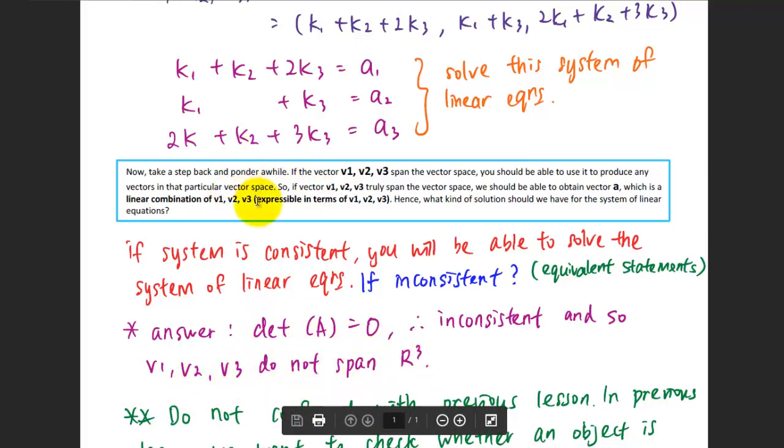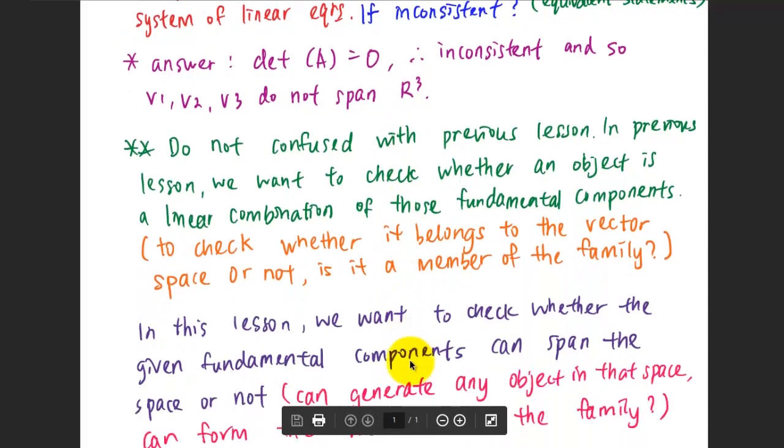The determinant of A being 0 means that you can't find the inverse of the system, and you can't find the solutions for it. That's why there's no solution for this system of linear equations, and thus V1, V2, V3 do not span R3. But if you find that the determinant of A does not equal 0, the system of linear equations has a consistent solution, and thus V1, V2, and V3 do span R3.